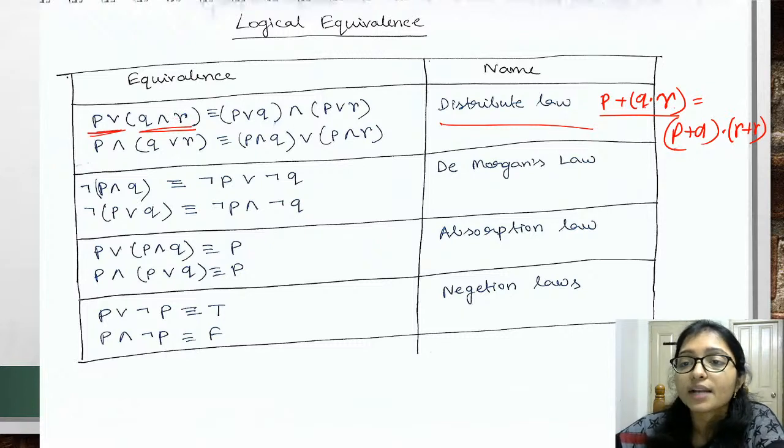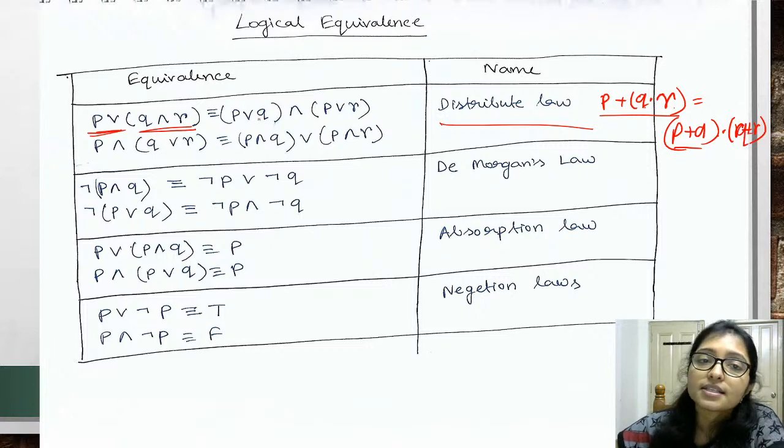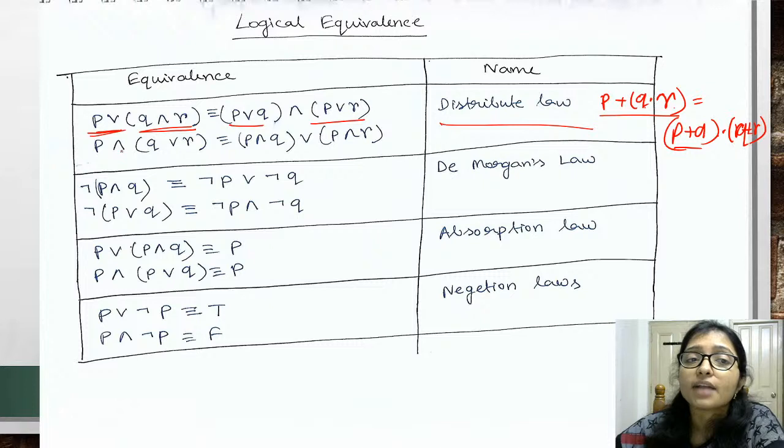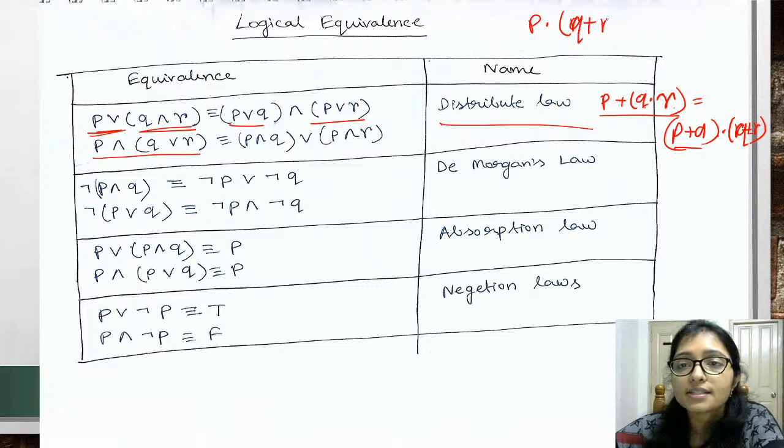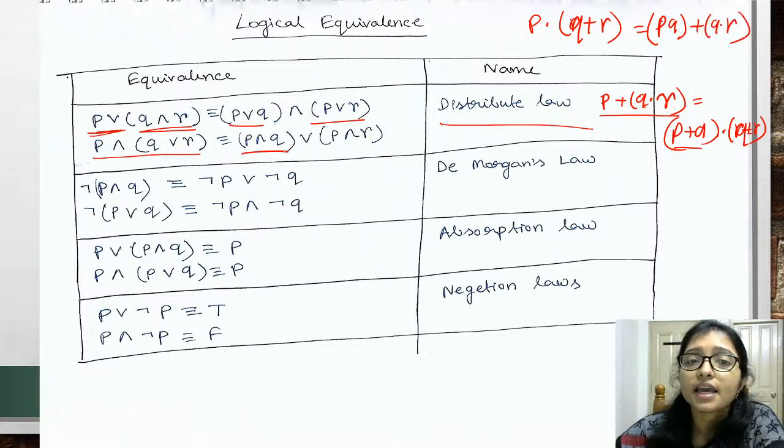And for the same here, it is written P dot Q plus R, that is nothing but PQ plus PR. The same is written here, PQ plus PR. Right? That is called the distributive law.